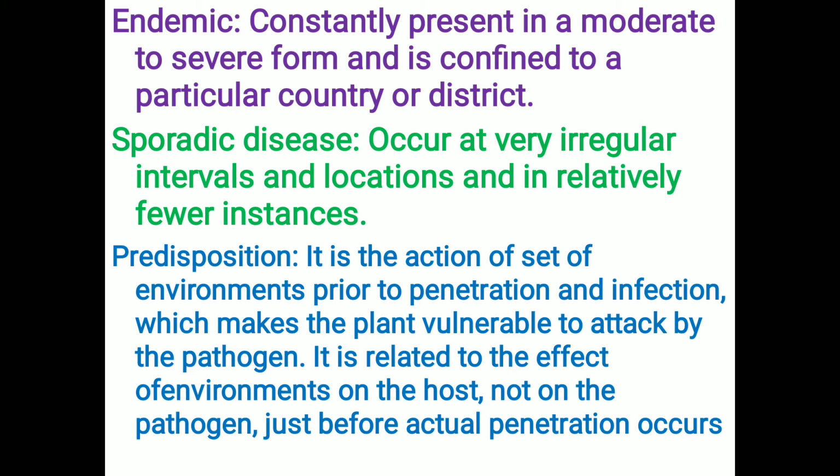Sometimes, before the entry of the pathogen inside the host, the pathogen hibernates in different forms, mostly inside the straw, the soil, or the plant debris. When the favorable condition appears, such a pathogen attacks the main host. Such a condition is called predisposition before the entry of the pathogen.